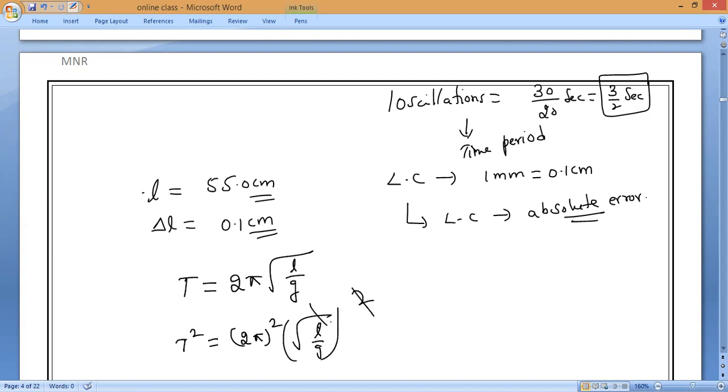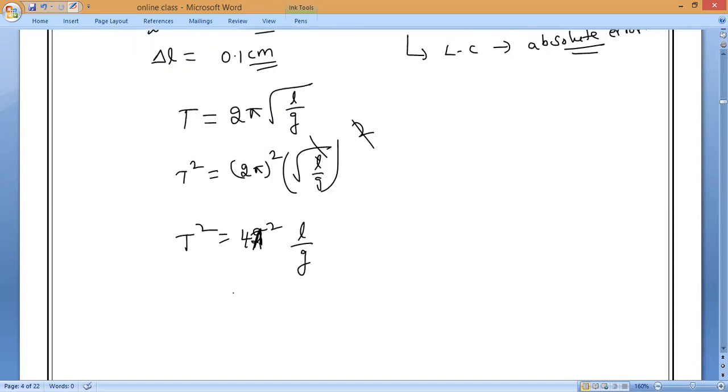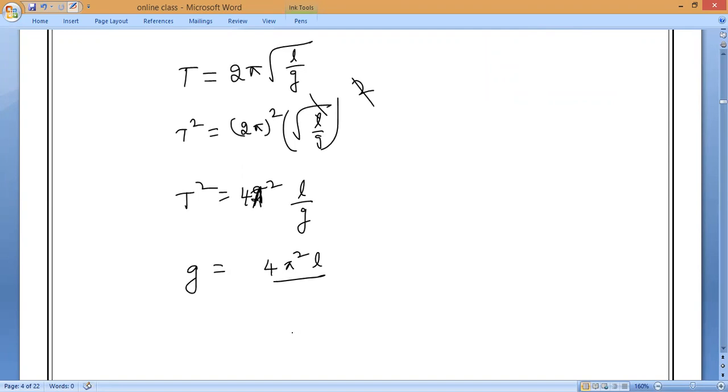Square and root will get cancelled. So T square is equal to 4 pi square into L by g. Now I want g. So g is equal to 4 pi square into L divided by T square. Is it right?